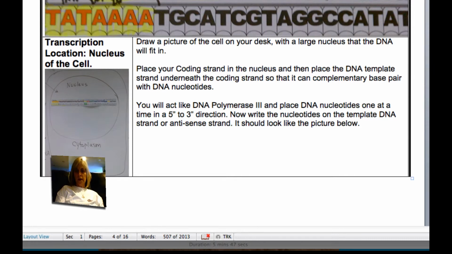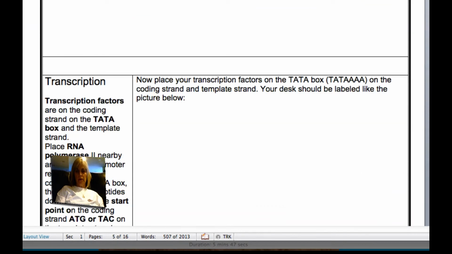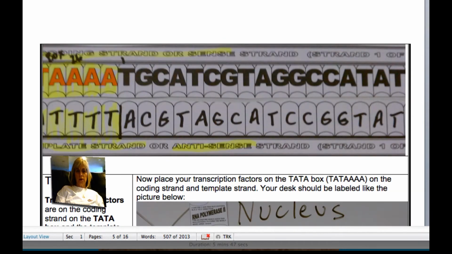So we're going to tape together the template strand the same way, 1 of 3, 2 of 3, 3 of 3, so they line up and form a nice little DNA template. It should look like this. Where the TATA box is, if that's an A on the coding strand, it'll be a T on the template. So we're making a DNA template strand to complementary base pair with the coding strand.